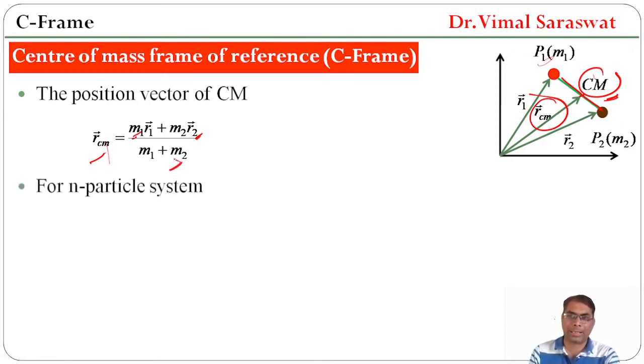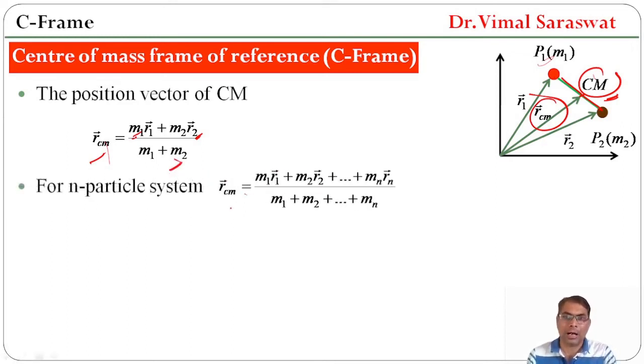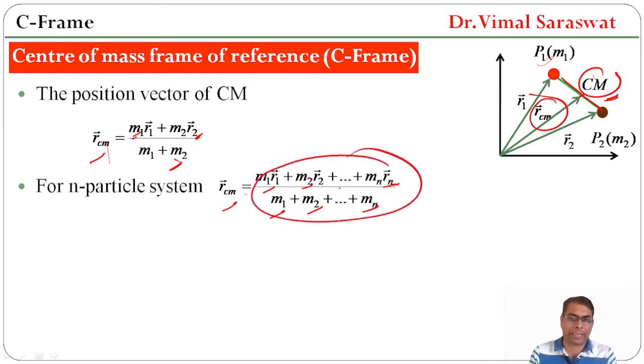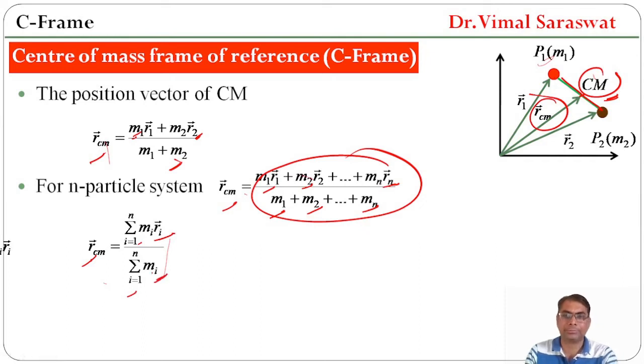For an n particle system, R_CM equal to (m1 r1 plus m2 r2 plus ... mn rn) divided by (m1 plus m2 plus ... mn). So this is the position vector for a system of n particles, or R_CM equal to sigma i equal to 1 to n of mi ri divided by sigma i equal to 1 to n of mi.